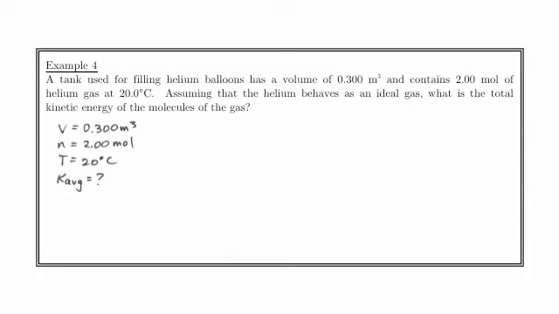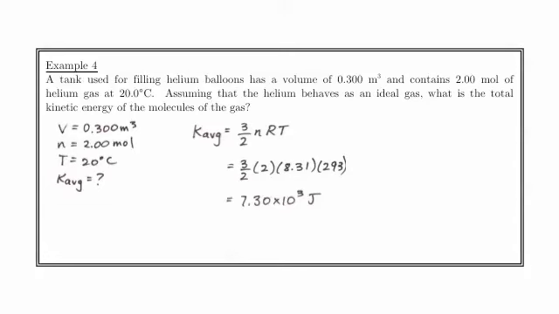We're looking for total kinetic energy, and remember, helium's monatomic, so the total kinetic energy is equal to the total energy. Here are our givens, and we're trying to find K average. We can use 3/2 nRT because this is the total internal energy. We make a substitution, and we find 7.30 times 10 to the 3rd joules.